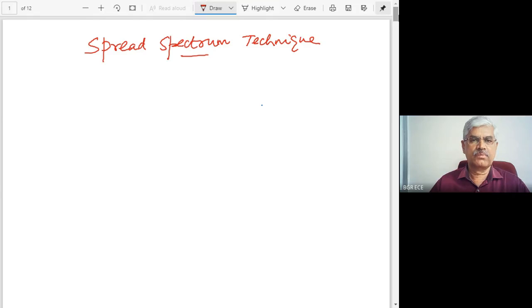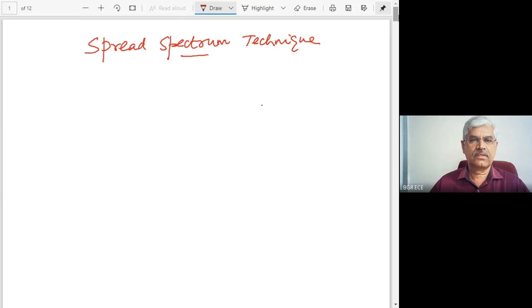And Gaussian noise means the amplitude of the noise that is generated in the channel has a Gaussian distribution. It is random in nature, so a random signal cannot be mathematically expressed as a particular waveform. So it can be quantified in a probabilistic domain.